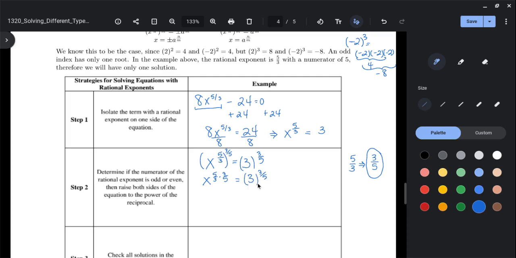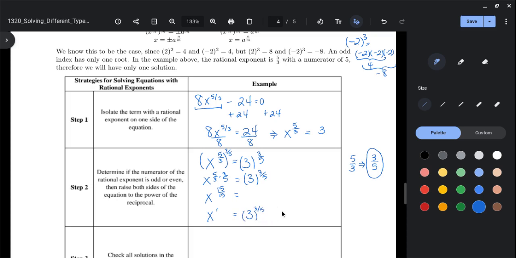So if I multiply these powers, remember multiplying fractions, you multiply straight across, we end up getting 5 times 3, which is 15, over 3 times 5, which is 15. Well, 15 over 15 reduces to 1. So therefore, we have x, or x to the first power, is equal to 3 to the 3/5 power.